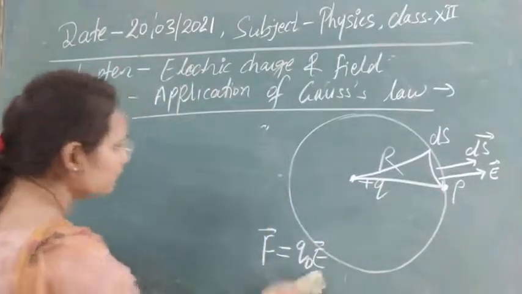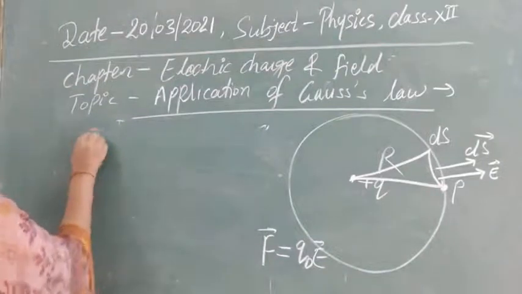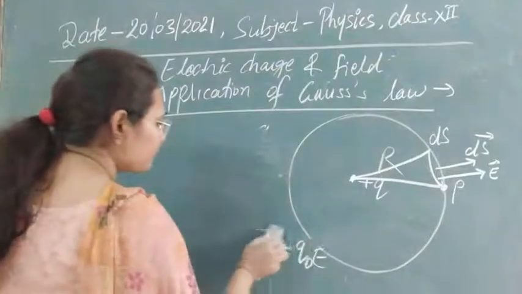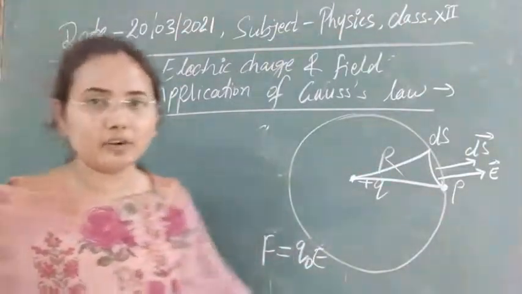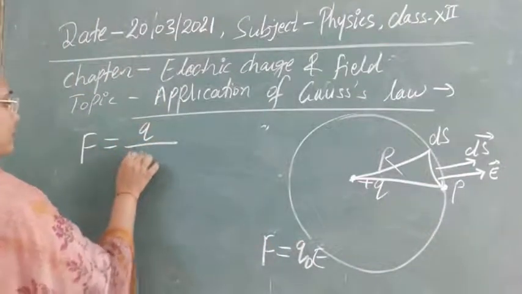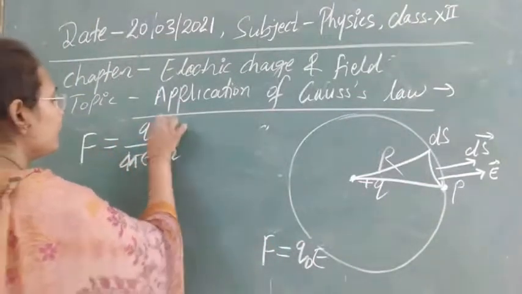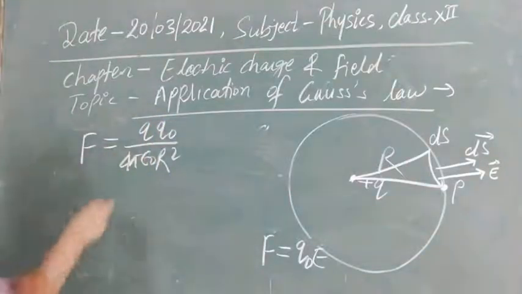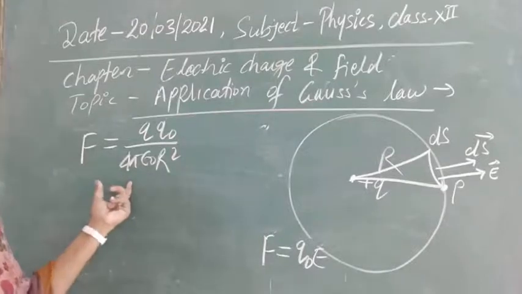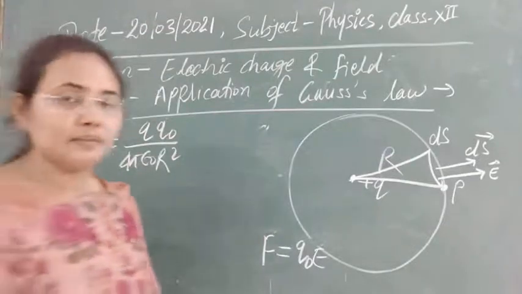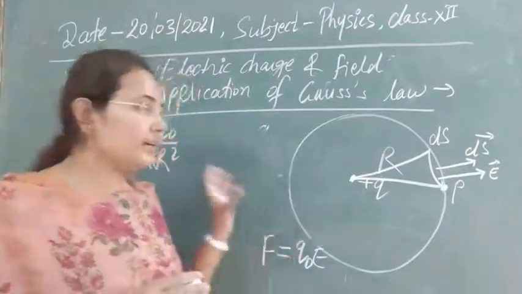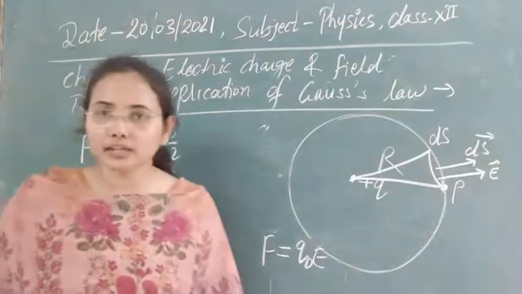And if you now put the value of E here, this F will be, let's not use the vector form, as we have used only magnitude, later I will tell you the vector form also. So this will be equal to q upon 4 pi epsilon 0 r square, and here this is q0. This is also the form of Coulomb's law of electrostatics, which tells us that the force between any two charges q and q0 is directly proportional to the product of the charges.